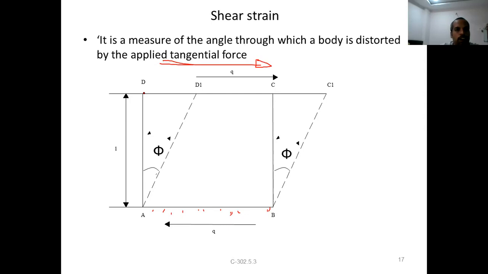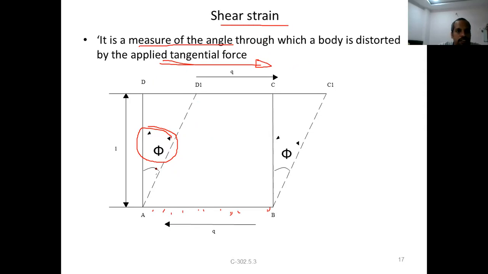That measure of the angle through which the body is distorted, meaning how much angle it is distorted, that measure is what we call shear strain. The distortion is nothing but shear strain.